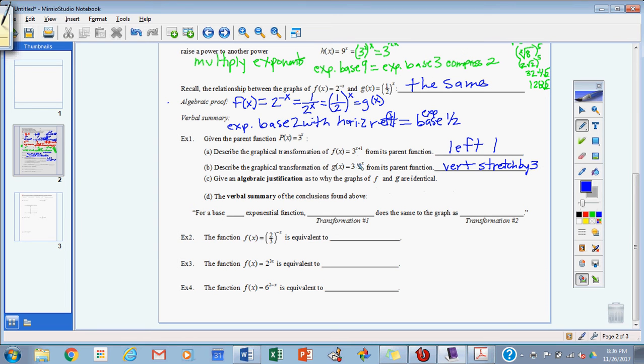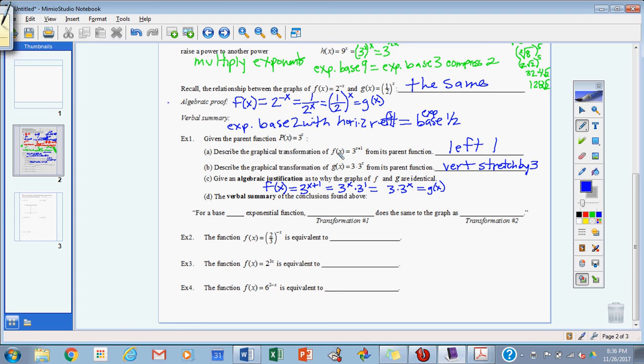Then we have the algebraic justification as to why they're identical. How can I do that? I can start with one and get to the other, just like we did. So basically we have f of x equals 3 to the x plus 1. Then we talked about up above, going the other way, that would really be 3 to the x times 3 to the first, because that's the rule in the other direction. That means that's equal to 3 times 3 to the x power, which is identical to g of x.